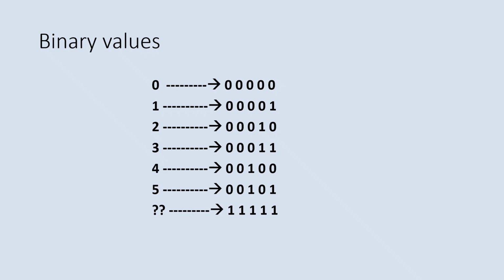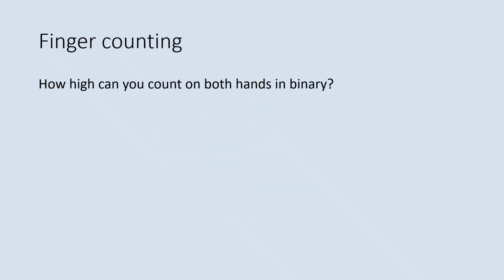So what happens if all the fingers are extended? We have a 1, 2, 4, 8, and 16. And if we add all of those together, that corresponds to the number 31. So you can count to 31 in binary on just your right hand.